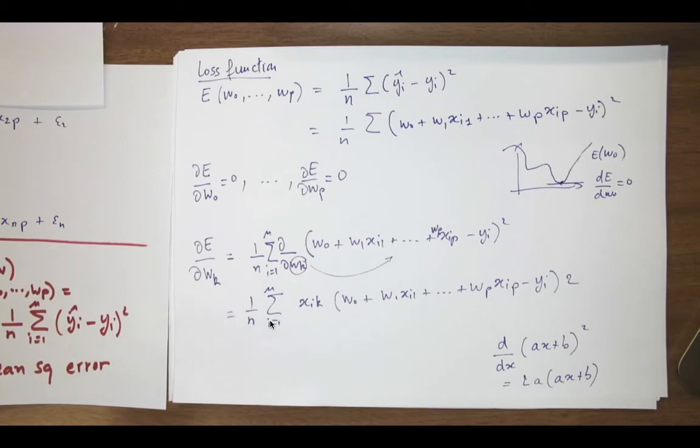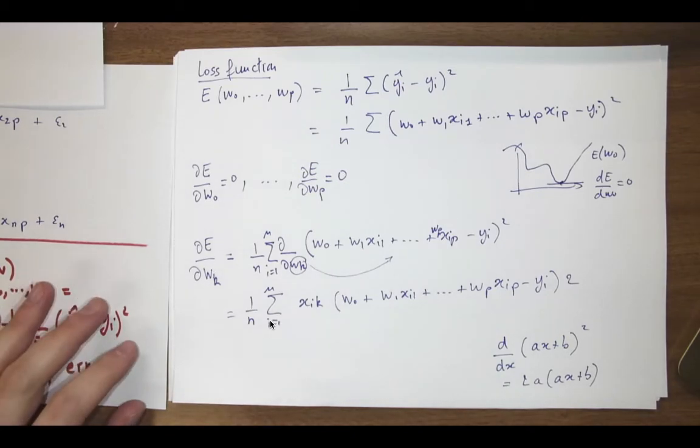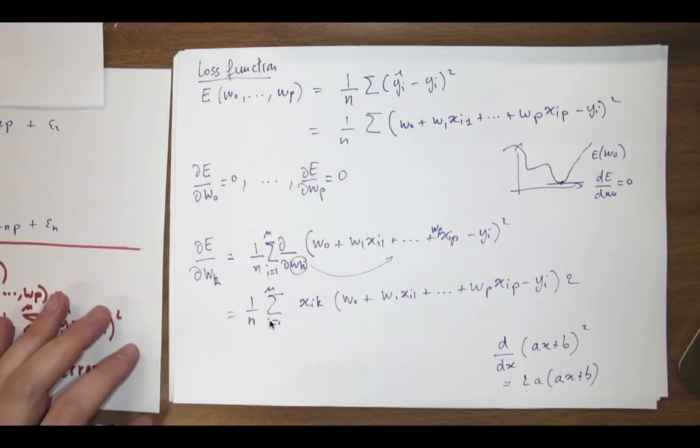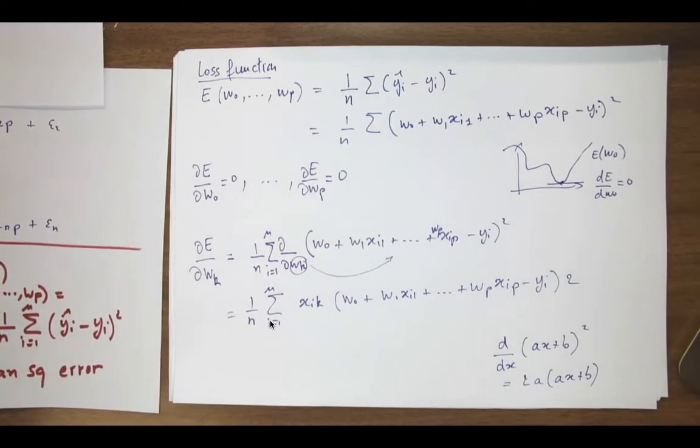Otherwise, you could nudge a bit in one direction and get a bit lower. It's a classic trick, like maybe you didn't do physics, but that's what you do all the time. When you have a function and you want to find the minimum, you look at where the gradient equals 0.